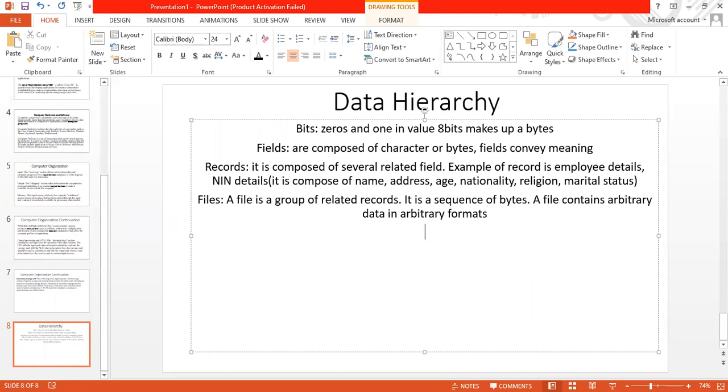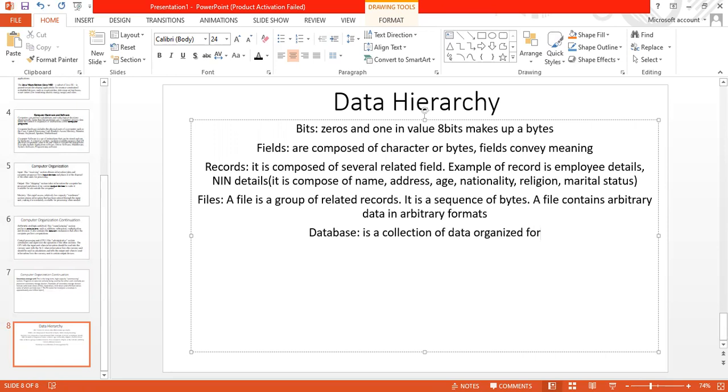Also, going further in this hierarchy, we have what is called a database. And a database is a collection. Don't forget those words. They are very, very important. A collection of data that is organized for easy access.